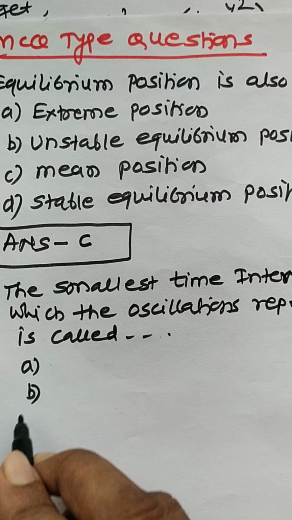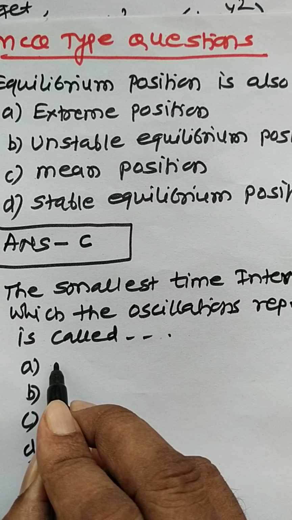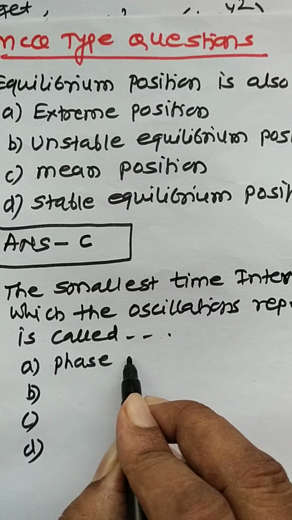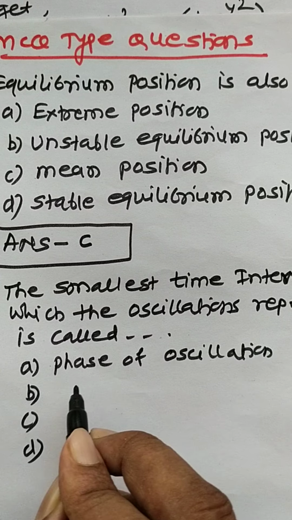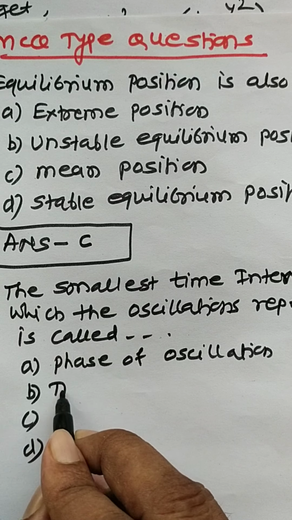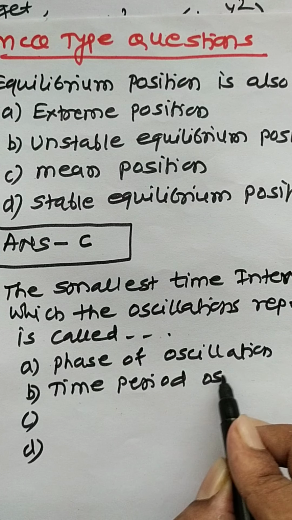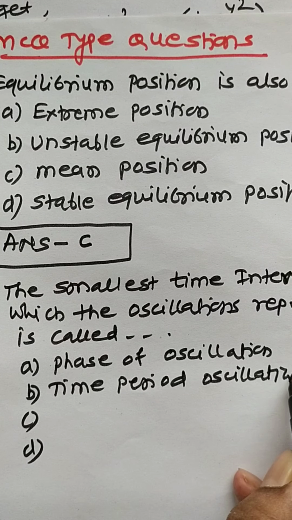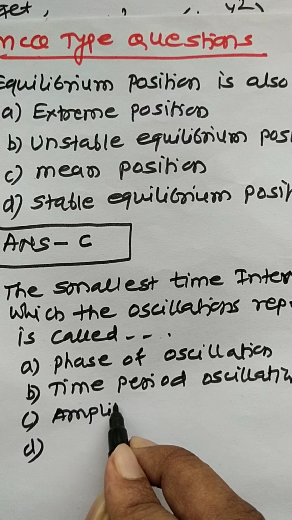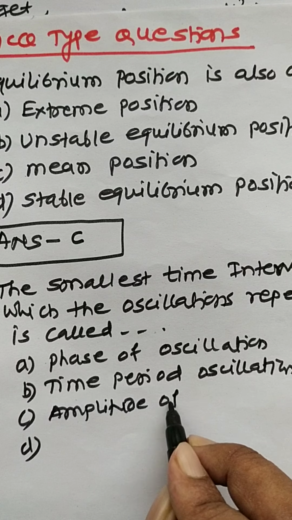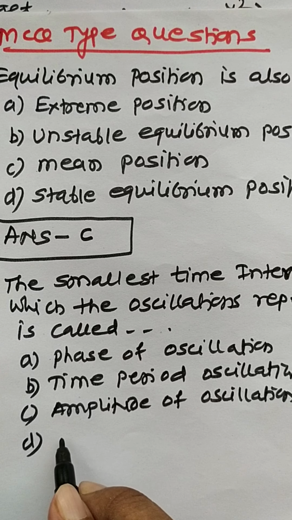The options are: first option, phase of oscillation; then time period of oscillation; amplitude of oscillation; and energy of oscillation.